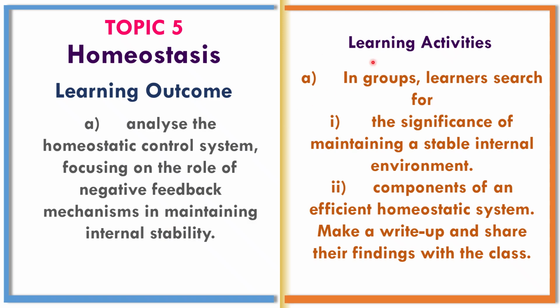We have been looking at learning activity A. In groups, learners search for the significance of maintaining a stable internal environment, components of an efficient homeostatic system, make a write-up and share their findings with the class.